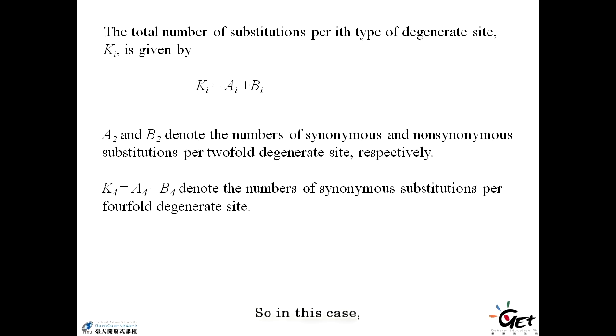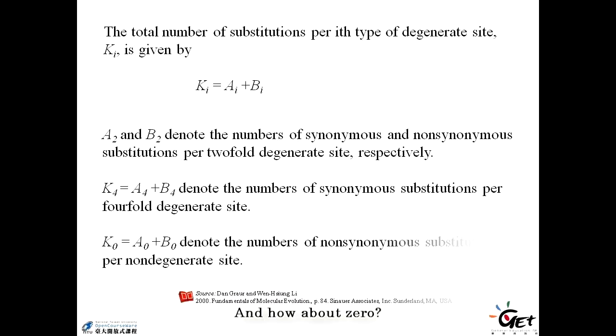So in this case, K4 is defined as the synonymous substitution rate. And how about 0? With 0, no matter what changes happen, it's always a non-synonymous substitution.